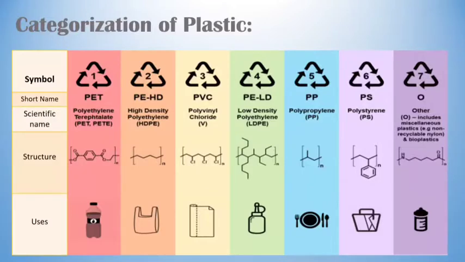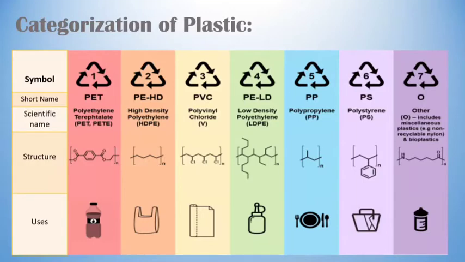Next, categorization of plastic by their chemical structures of polymer backbone and side chains. First, PET, polyethylene terephthalate. It is used in mineral water bottles, soft drink bottles, fiber floor clothings, etc. Next, PEHD or HDPE.